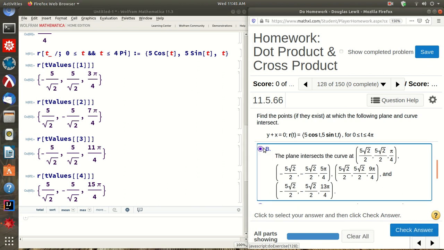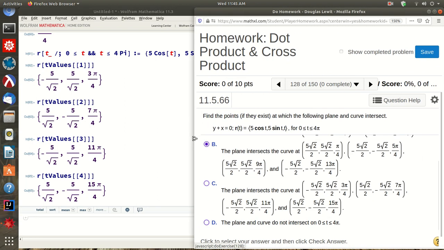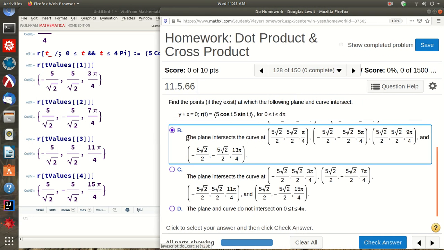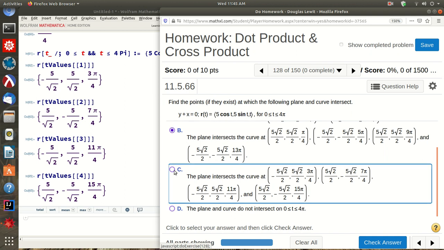So the answers will be, okay, let me see here. Let me stretch that window out a little bit. Is it B? A lot of numbers to look at here. I believe it's C. Let me check my numbers. Okay, negative 5 square root of 2 over 2, 5 square root of 2 over 2, 3 pi over 4. This is 5 square root of 2 over 2, negative 5 square root of 2 over 2, 7 pi over 4.